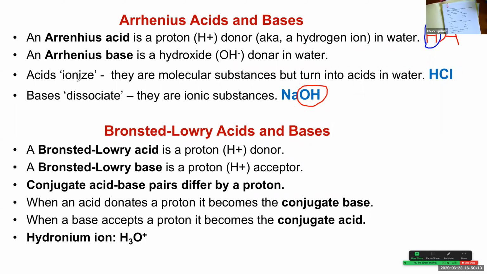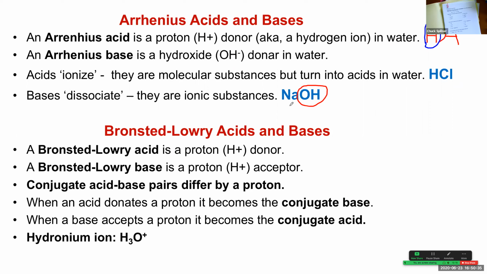So we say that acids ionize in water. Bases are ionic, so when you put those in water, they dissociate. The positive ion and negative ion come apart. So we say that hydroxide bases dissociate, acids ionize.